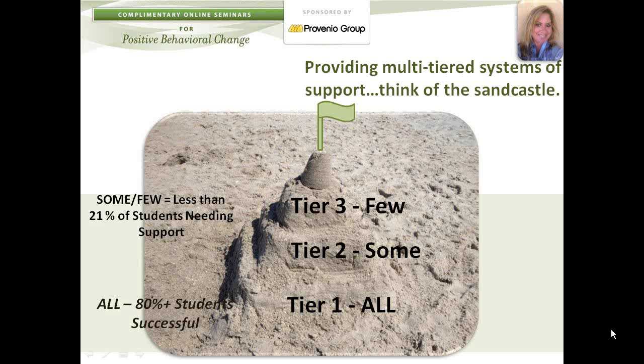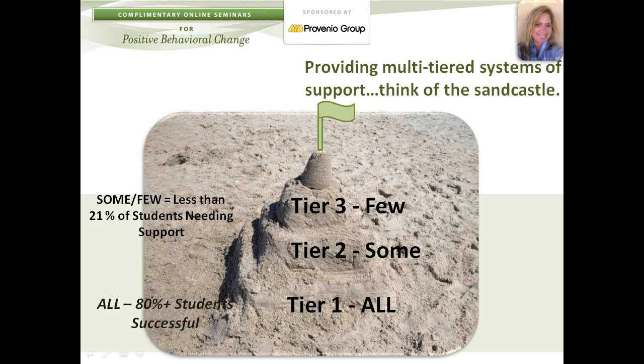So I'm saying that only because when we think of intervention, we really need to think about all three tiers, Tier 1, 2, and 3, and the fact that we should always, if we can, provide students with support in Tier 1. And if more than 21% of students are needing special support, that means really that all of our students probably could benefit from that special support.